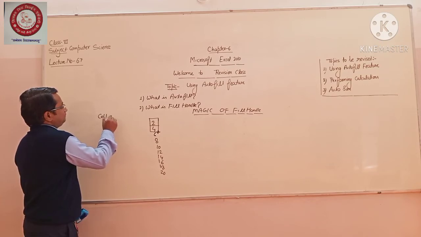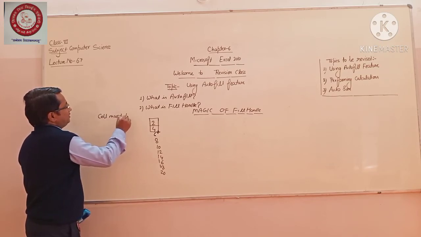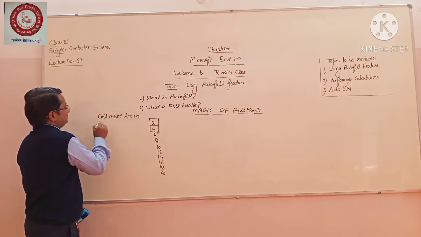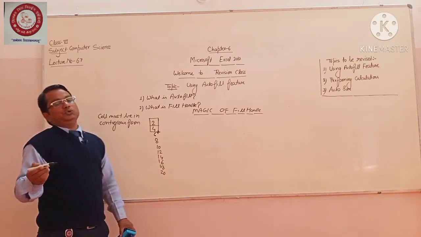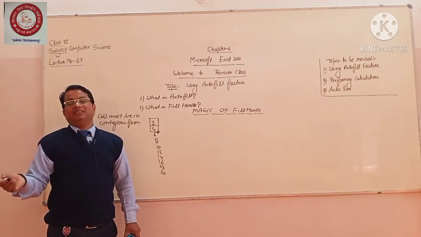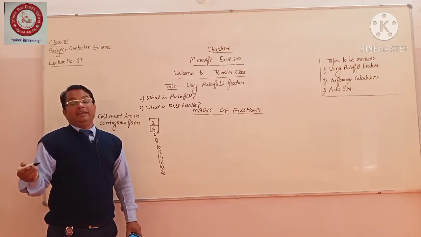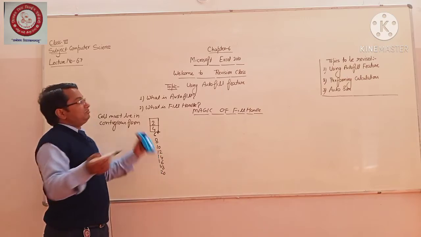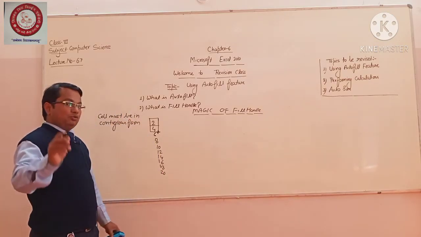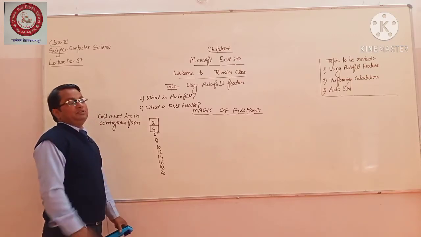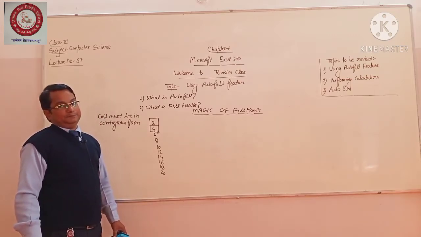The cells must be in contiguous form. It should be continuous, like A1, A2, A3, A4, A5, or you can have A1, B1, C1, like this. So now this is all about topic number 1, and I hope you will be able to understand each and everything.